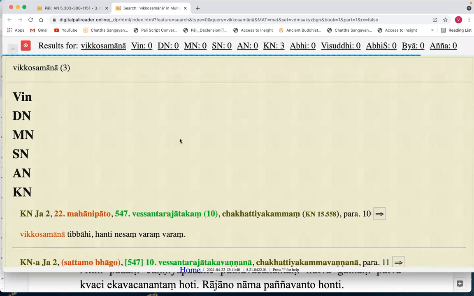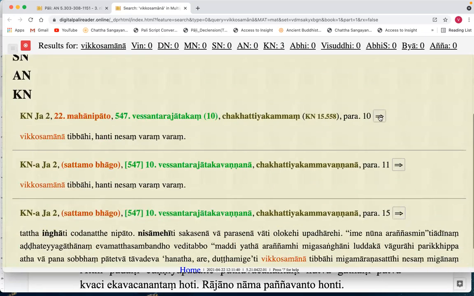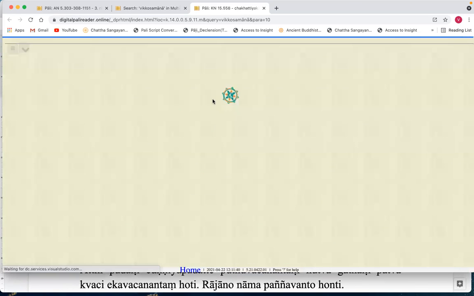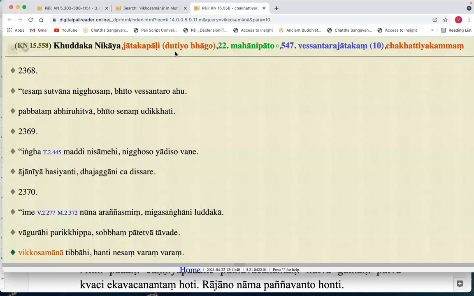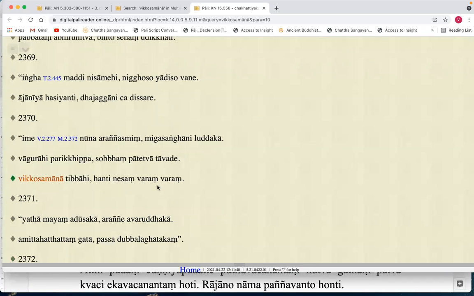Yeah, in Khuddaka Nikaya. So, Khuddaka Nikaya, Jataka Pali Dutiya, Mahanipata, Usandara Jataka. So we go some mana. They bahi. Handi nisan waran.